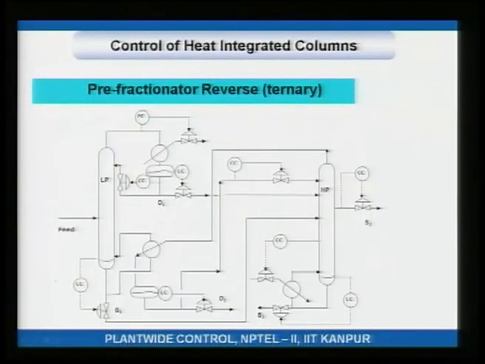Okay. All right. So, this is what we have here, the LP column, the HP column, and I will just go through the degrees of freedom. Well, 1, 2, 3 and of course 4, right.